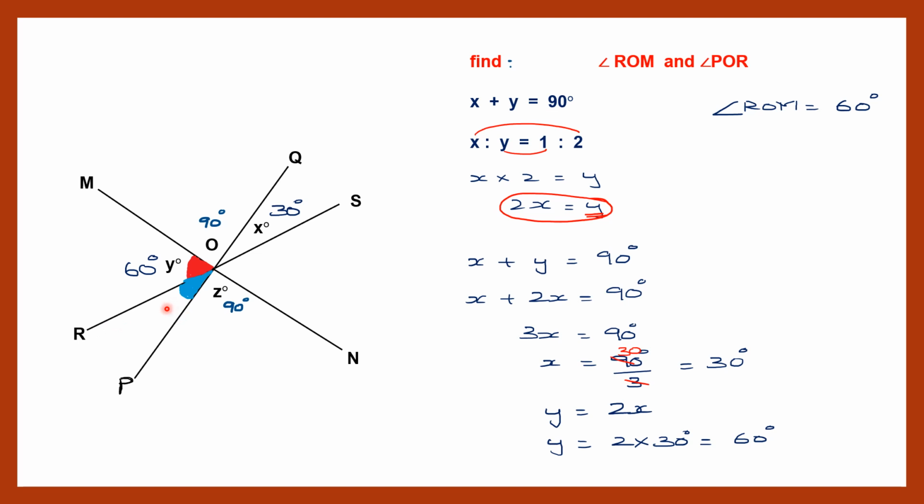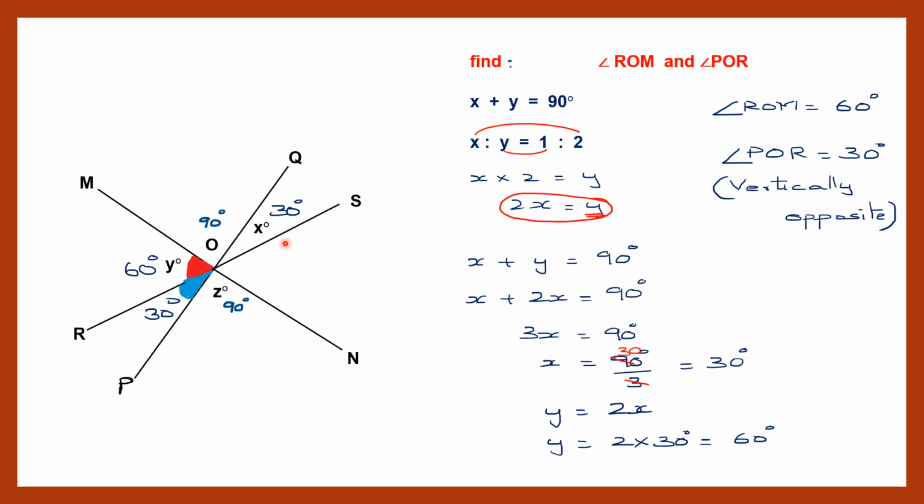Now see if there is a vertically opposite angle to this angle. There is an angle vertically opposite, which is x degrees, and x we found out to be 30. That means this also will be 30 degrees. So angle POR is equal to 30 degrees. And how did we find this angle? Because they are vertically opposite angles. So you have to write your reason, vertically opposite angles.